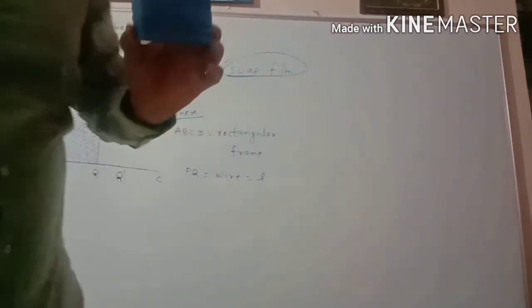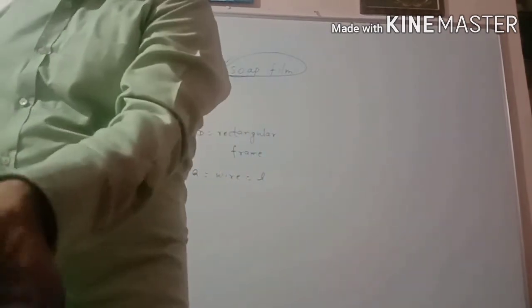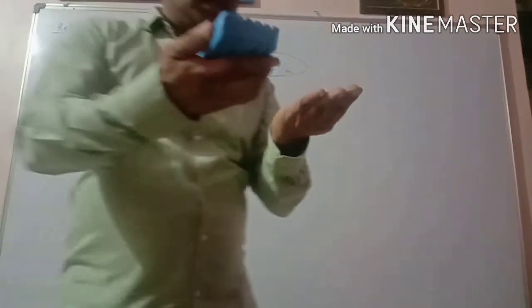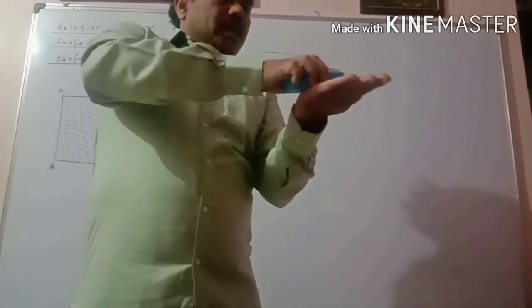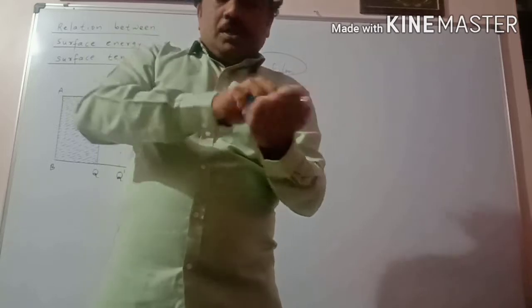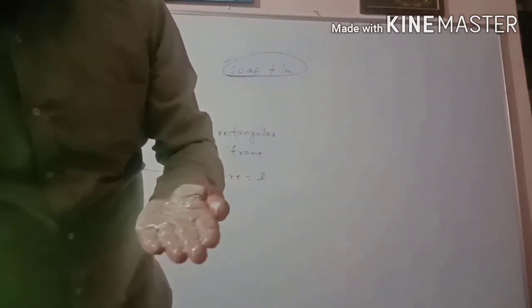Just pour some water on your palm, and rub the soap like this. After rubbing this soap, you can produce a film.